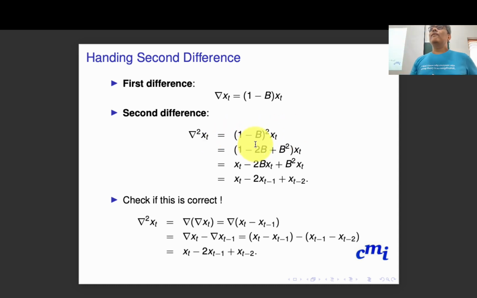Now you apply the 1 minus B whole squared formula, 1 minus 2B plus B squared xt. Now you break it up, so what you have is xt minus 2B xt plus B squared xt, and then 2B xt is 2xt minus 1, B squared xt is xt minus 2.